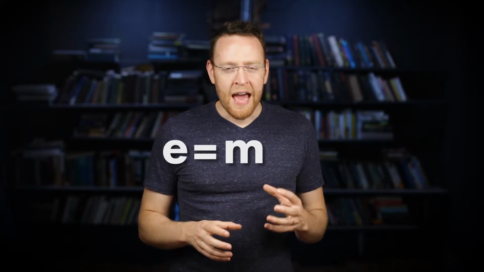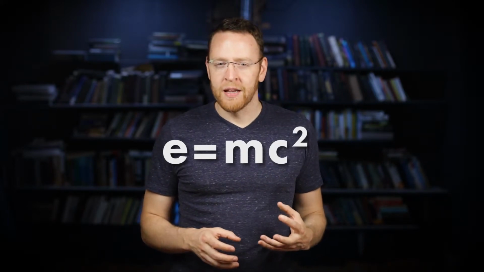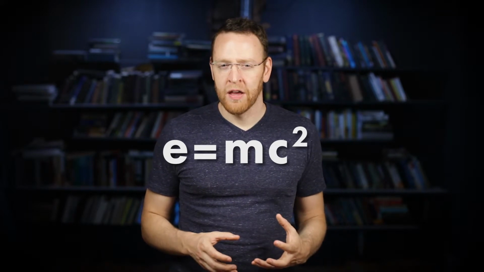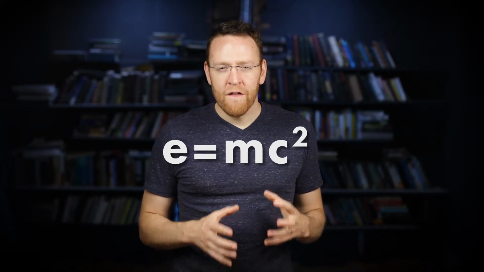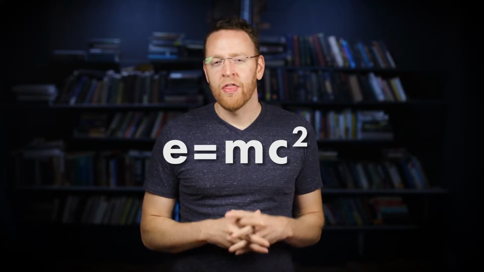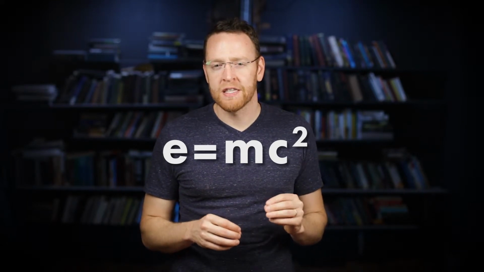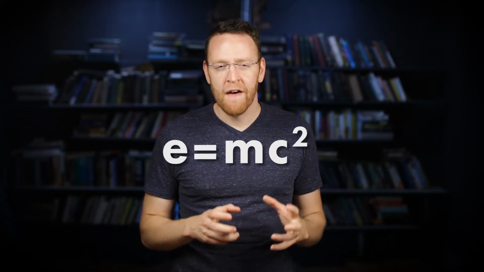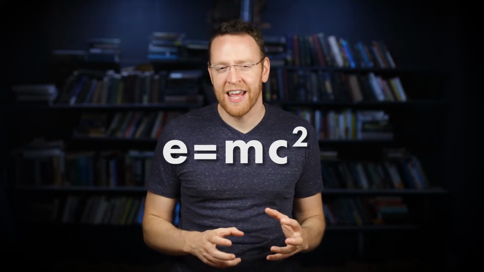E equals MC squared doesn't mean much to a child, but those 5 characters, 5 particularities, were among the greatest intellectual feats of human history. Just 5 fascinating characters.